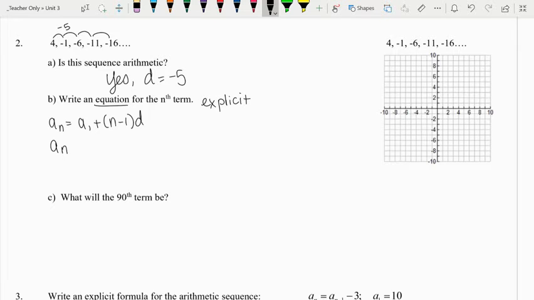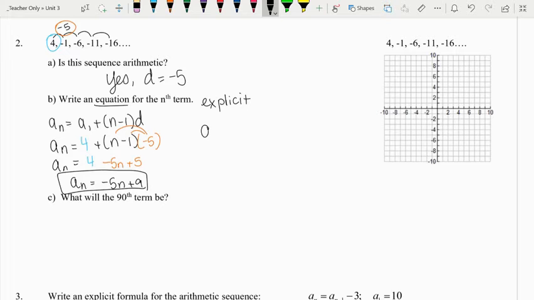If we do it this route, which is totally fine, you would take 4, because that's my a sub 1, then plus n minus 1, times your d, and our d is negative 5. So we're going to have to distribute that negative 5 in, and then we have to combine like terms. So a sub n would equal negative 5n, and then plus 9.